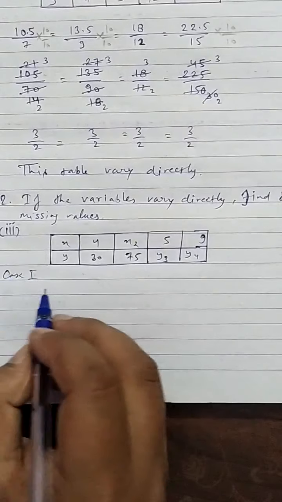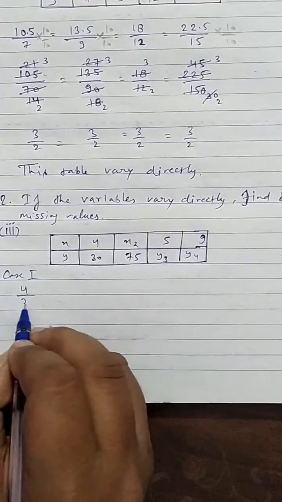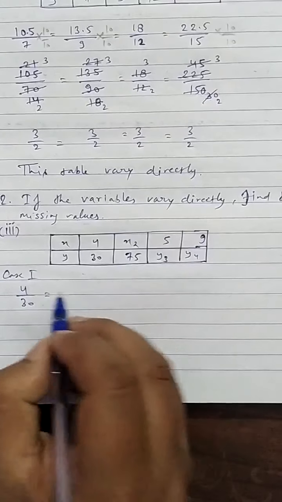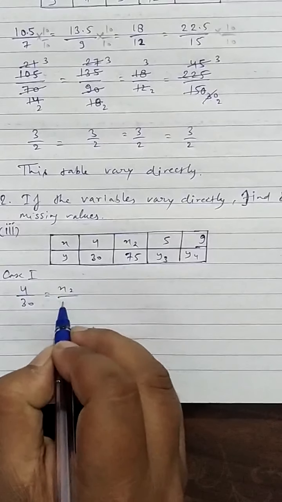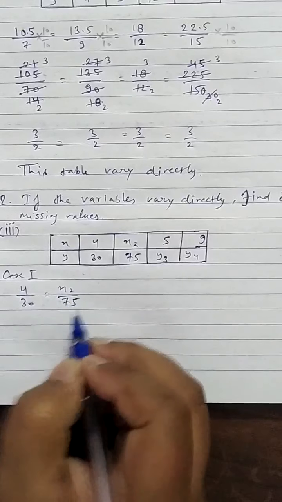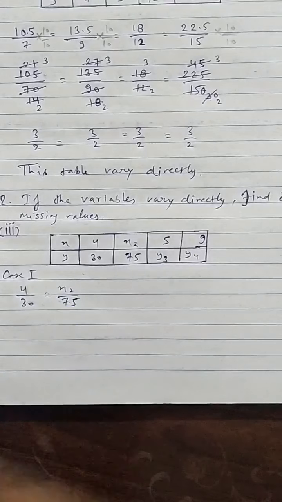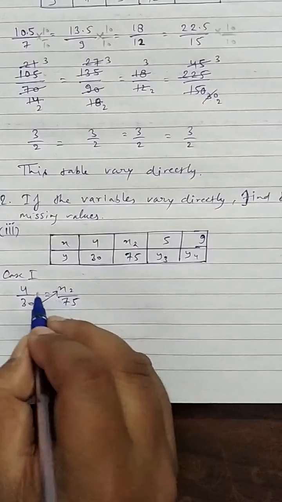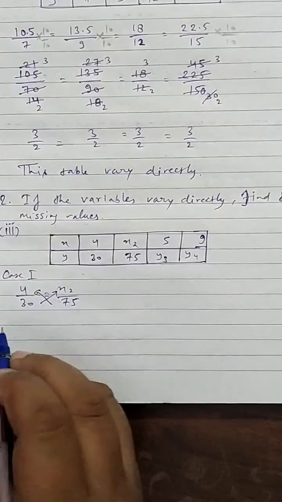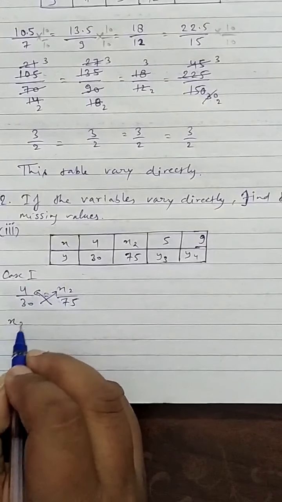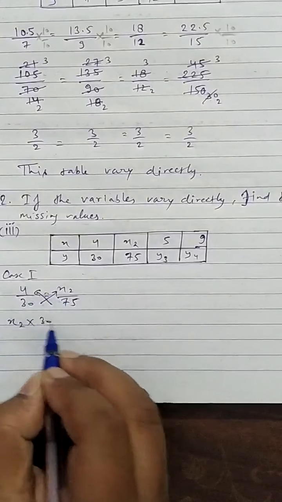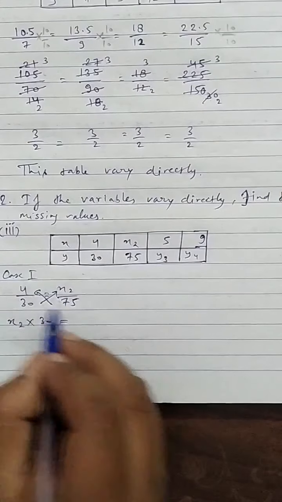Case first: 4 upon 30 equals x2 upon 75. Then we'll cross multiply. 30 into x2 gives x2 into 30, and 4 into 75.